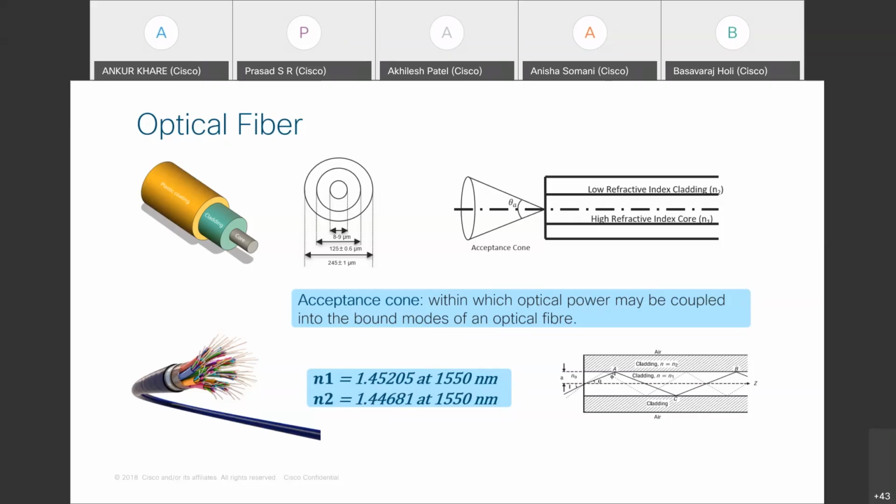Okay, so there are some properties like the core is a glass material, the cladding is another material. So there are refractive indexes. We'll not go into that detail, but these are the factors which will impact attenuation, dispersion, etc.